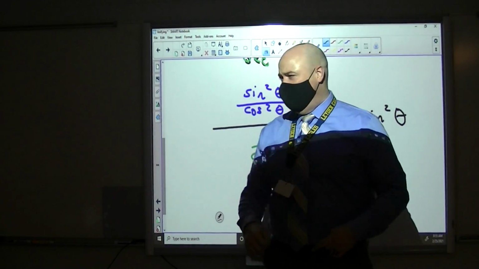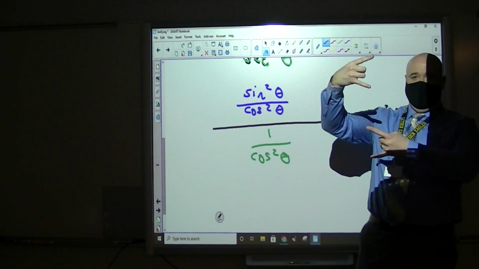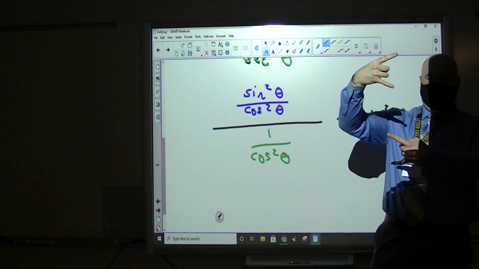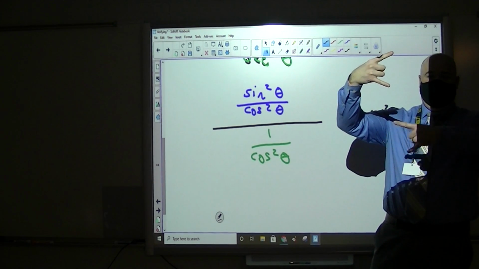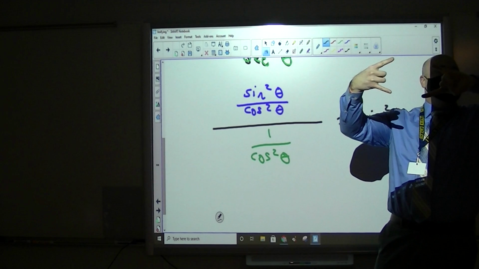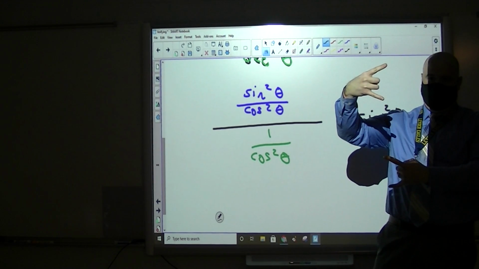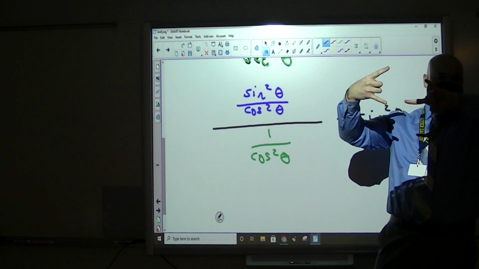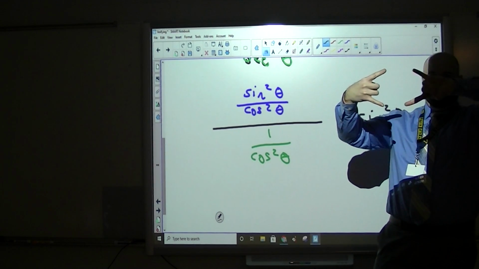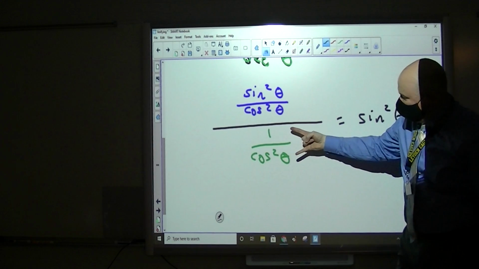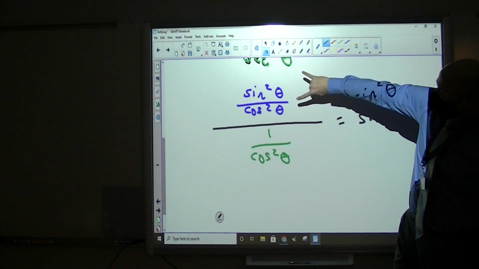I don't know what gang signs are, okay? But what are we going to do? We're going to take the bottom, flip it over, and multiply. I promise I mean no disrespect to your gang if I'm doing this. So we flip it over, we multiply.